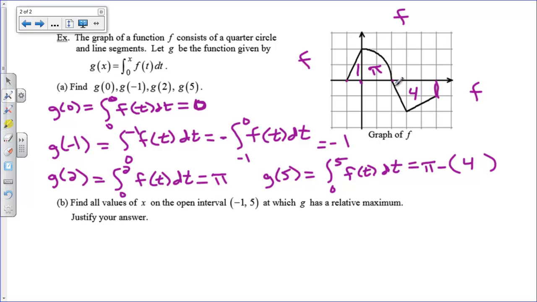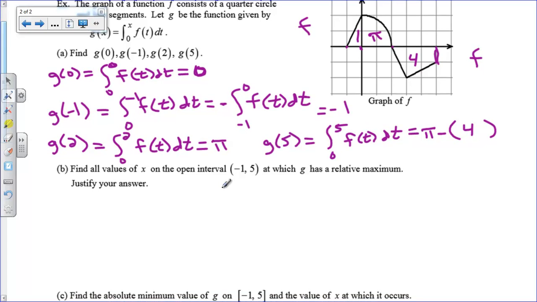Then g decreases because its derivative is below the x-axis, so g decreases by a value of 4. So we start at negative 1, we go up 1, we go up pi, so we've gone up about 4.14, then we drop 4, so we've dropped down to about 0.14. That's going to be very important for a question I have down here in part D.